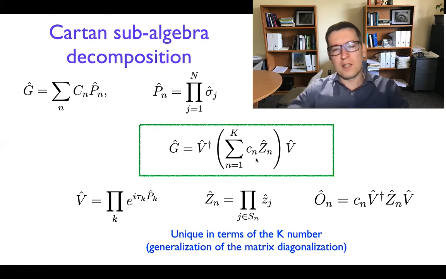This can be connected to the fact that when you diagonalize a matrix, and this is the operator form of diagonalization, you usually have some degree of freedom in your unitaries, but essentially the number of eigenvalues will always be the same, and the degeneracy of eigenvalues will always be the same.